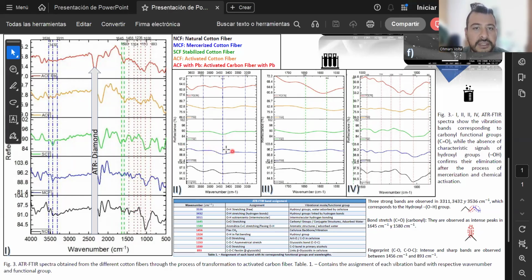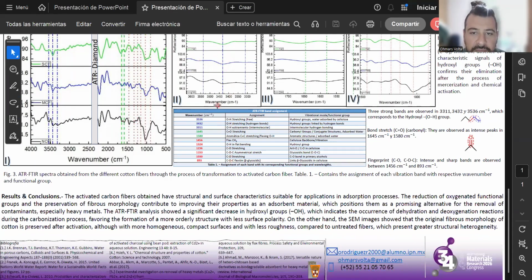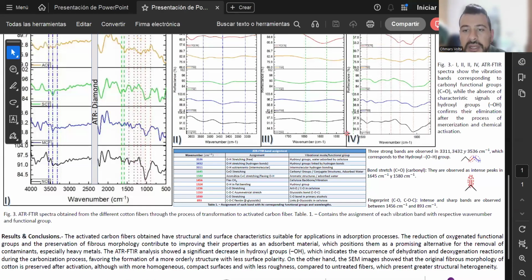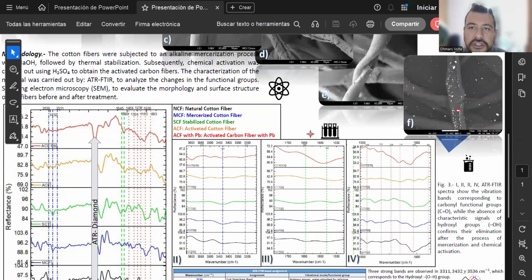For example, in this image. Well, on the other hand, the scanning electron microscopy images show that the original fibrous morphology of cotton is preserved after activation, although with a more homogeneous, compact surface and with less roughness compared to untreated fibers, which present great structural heterogeneity.